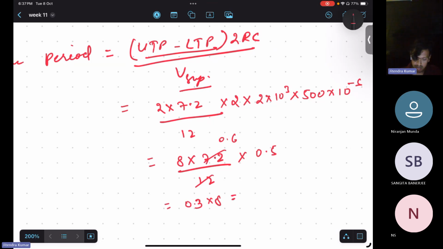So it is going to be 2.4, isn't it? So 2.4 second. Okay, you are also getting 2.4 second.